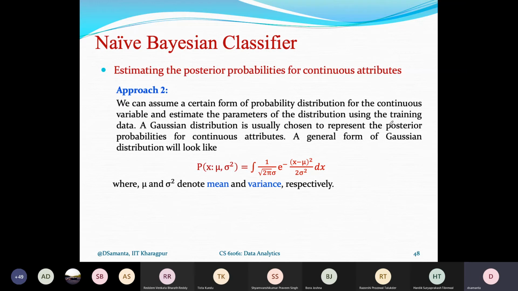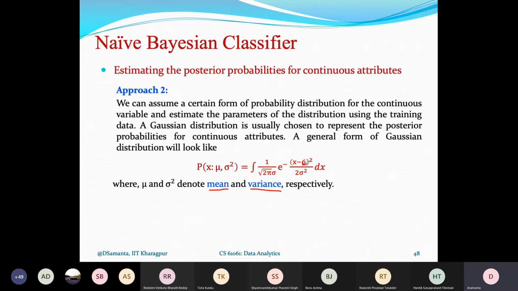Here we can apply the Gaussian distribution, assuming that your data is normally distributed. As I said, in many real life applications data follows the normal distribution. For this attribute A, all the values given form a univariate set, so you can easily calculate the mean and variance from these attribute values.